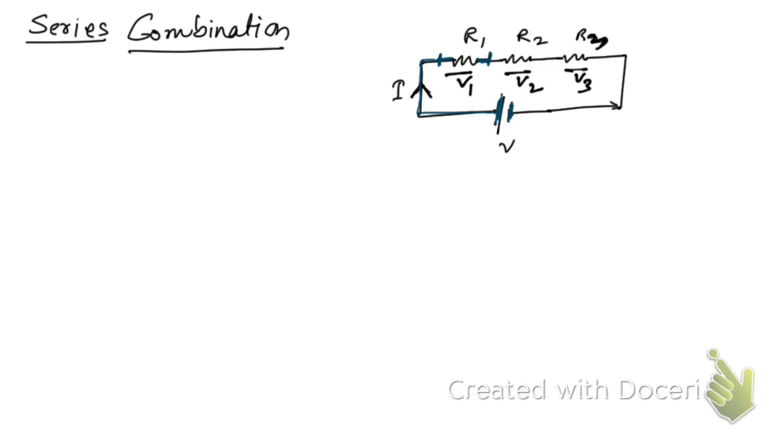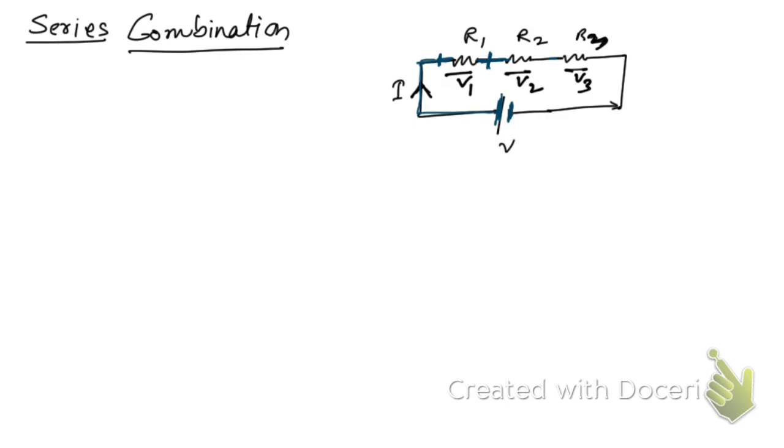This end is connected to one end of the R2 resistor. So hope you have understood the reason why the potential difference across each resistor is different in case of series connection. But here the path is the same, so the current will be the same through each and every resistor, right?